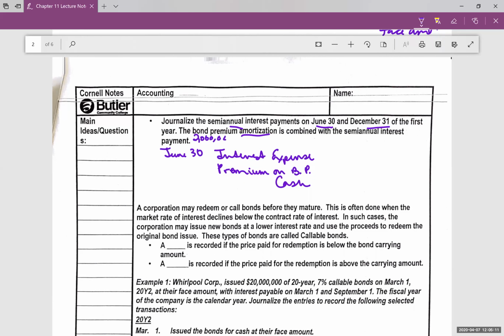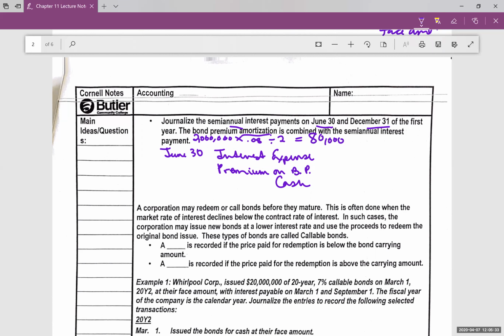The contract bond amount was 2 million. Notice I'm using the contract amounts, 2 million times 0.08, because it was 8%. Then I'm going to divide that by 2 because there's 2 payments per year. Once you take 2 million times 0.08 divided by 2, you get 80,000.